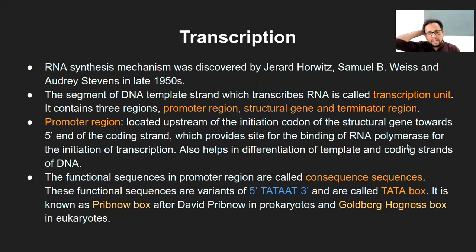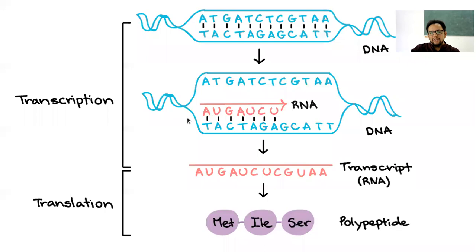So again, you might wonder why not the other strand transcribes. Let's say, for example, this strand is transcribing for the mRNA synthesis. This upper strand will not transcribe the mRNA, because there will be no promoter here; rather, it will be complementary to the promoter region.